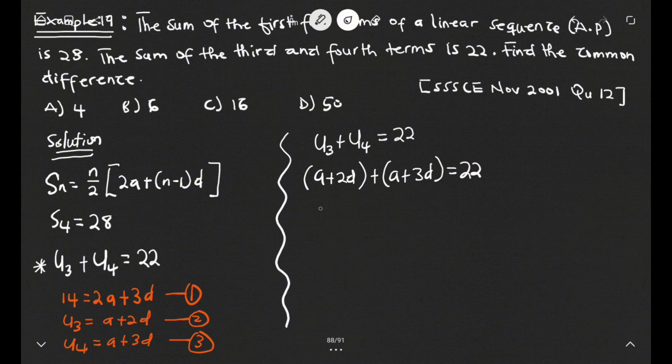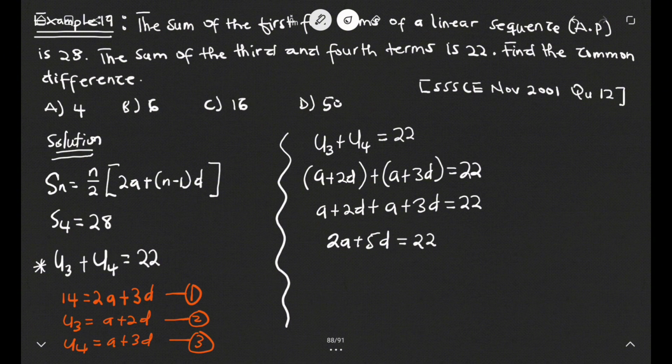So if I remove the bracket, I have a plus 2d plus a plus 3d, and that is equal to 22. I have a here, that will give me 2a, plus I have 2d plus 3d, that will give me 5d, and this is equal to 22.